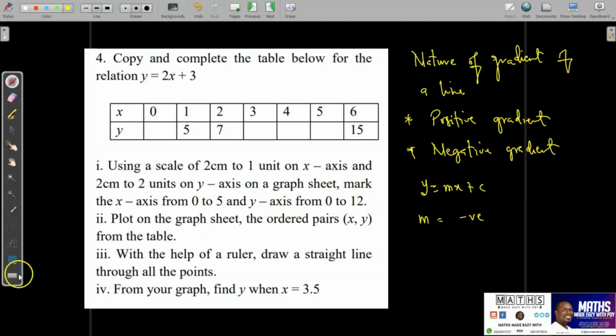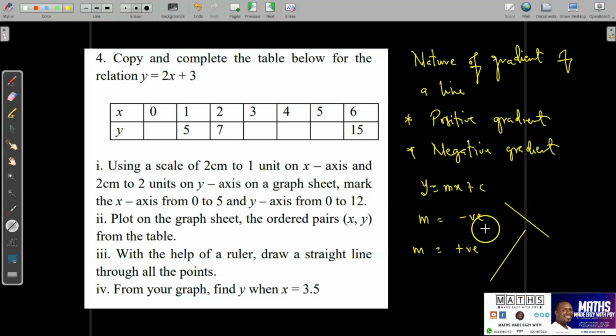The line must run from the upper left corner to the lower right corner. That is when you have a negative gradient. But when m is positive, then the slope will run from the upper right corner towards the lower left corner.